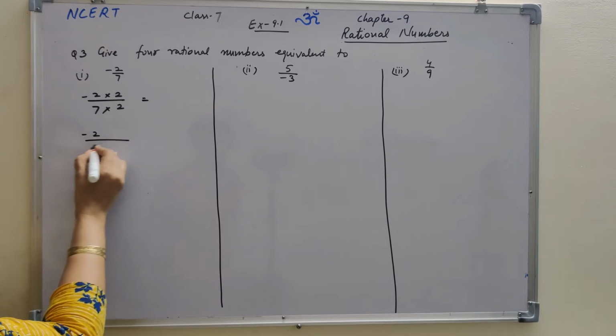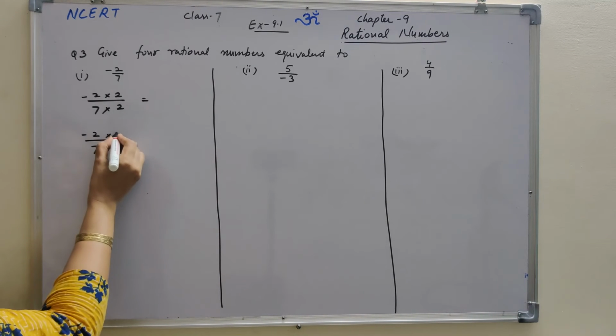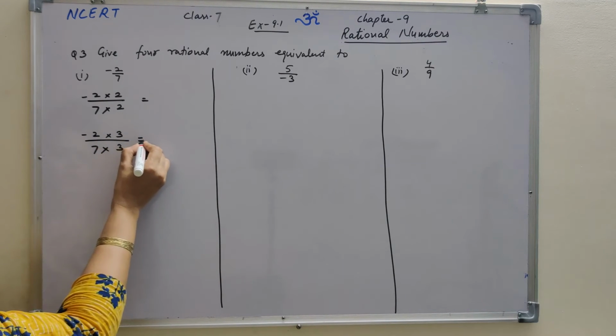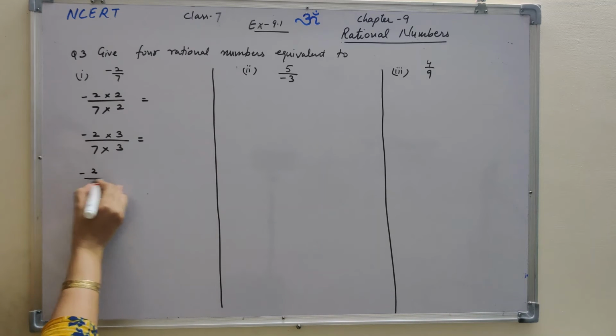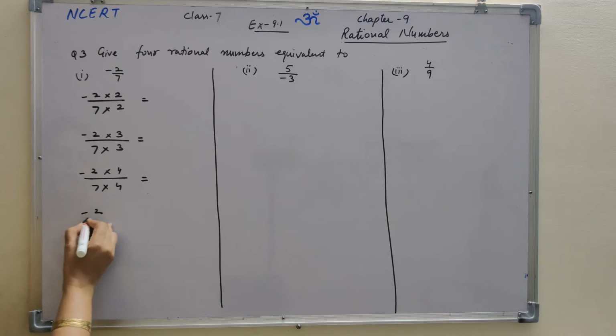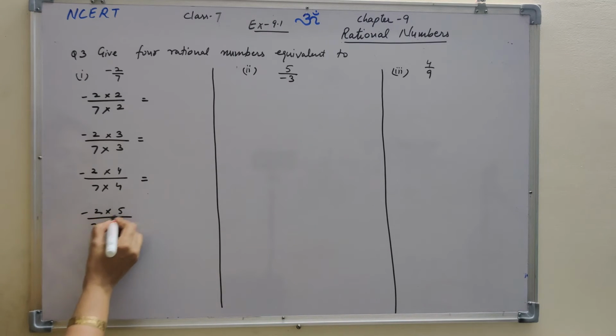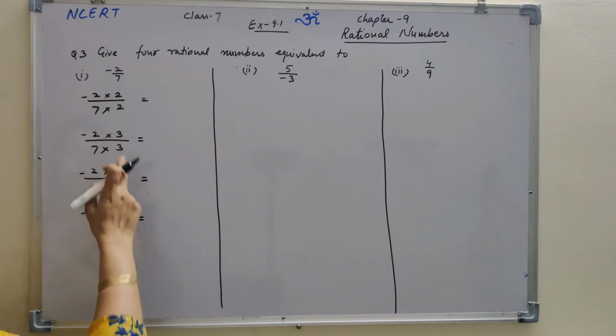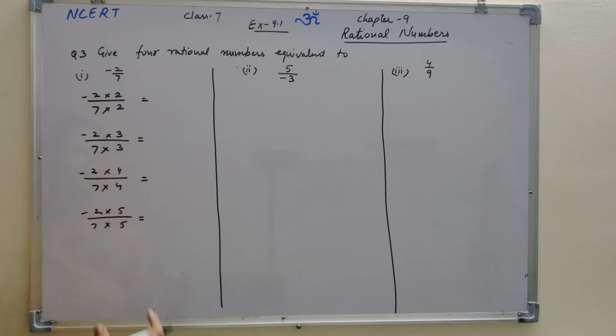Then minus 2 by 7 we multiply both the denominator and numerator by 3, and then by 4, and then I am multiplying both the numerator and denominator by 5. If I do this way, I will get 4 equivalent rational numbers for minus 2 by 7.